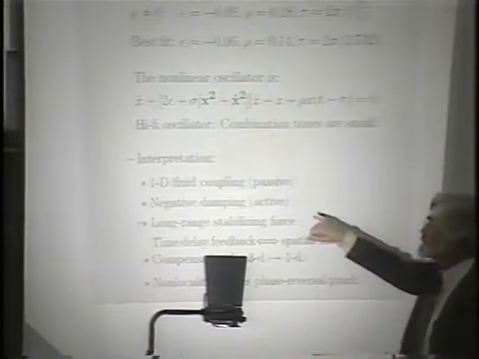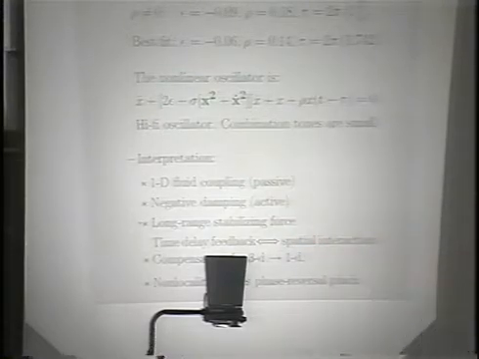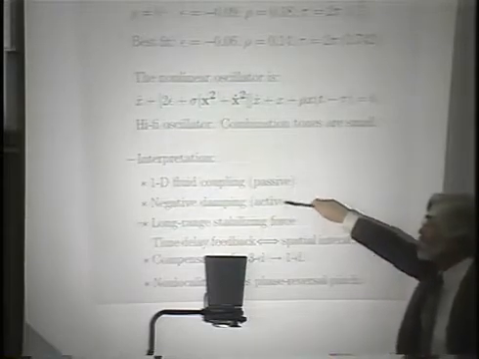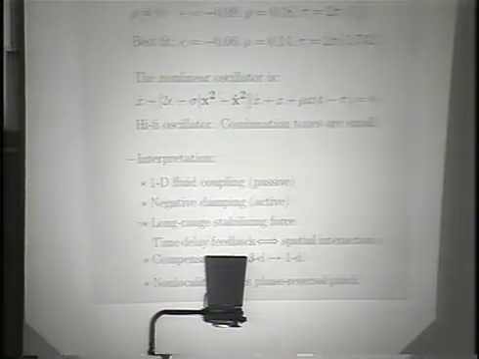The interesting thing is that the damping you have is so large that it makes the oscillator unstable. You might say, well, just go and cancel the damping that's there and put it close to zero and forget about it. But actually, there's so much damping that it makes it unstable, and you have to put in a long-range stabilizing force. That's that time delay force with 1 3/4 cycles.